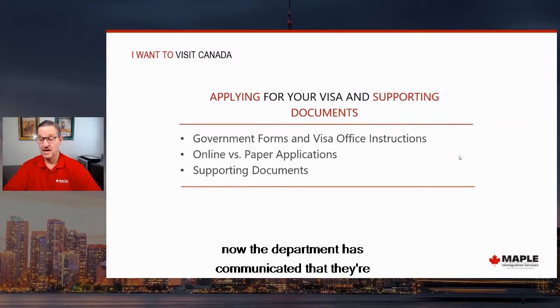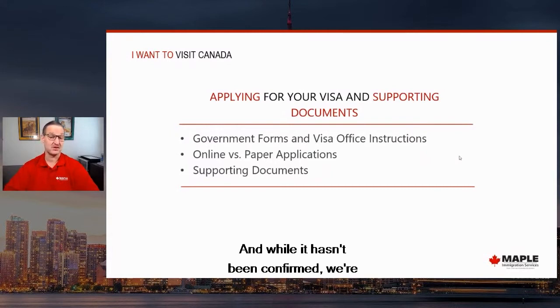The department has communicated that they're only using it as an initial screening tool. However, myself and colleagues in the profession see a lot of really wacky decisions coming out that make no sense. While it hasn't been confirmed, we figure those are made by maybe a computer that might have its algorithm out of whack. So if you get some sort of wacky decision, there is room for asking for reconsideration.